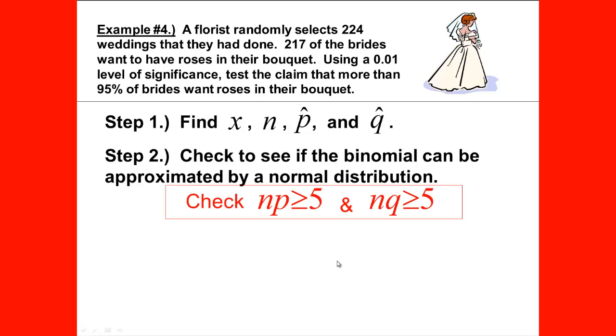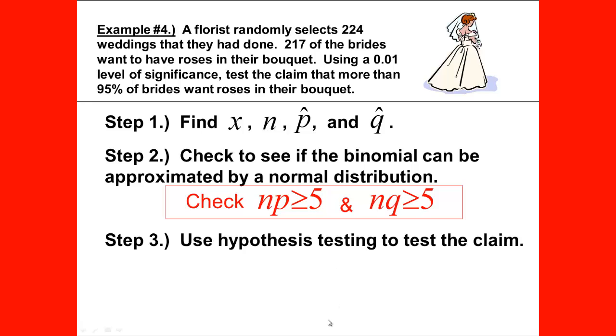And to do so, we will check n times p is greater than or equal to 5 and n times q greater than or equal to 5. Please remember that some teachers will use n times p times q is greater than or equal to 10. It's still the same step regardless of which formula you will use here.